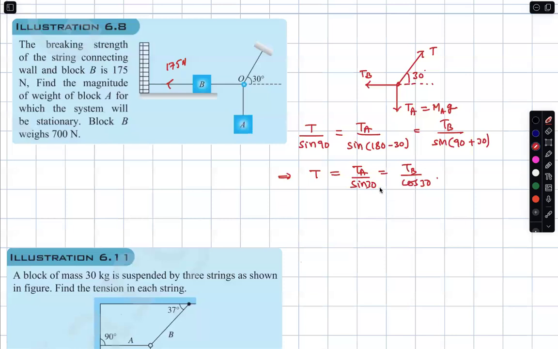What I know is TB, because this is TB and this is TB.